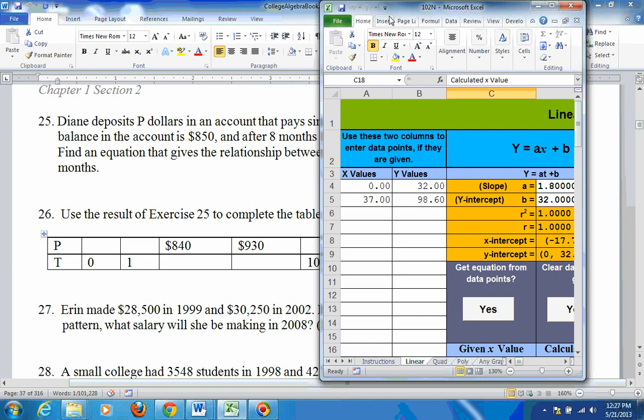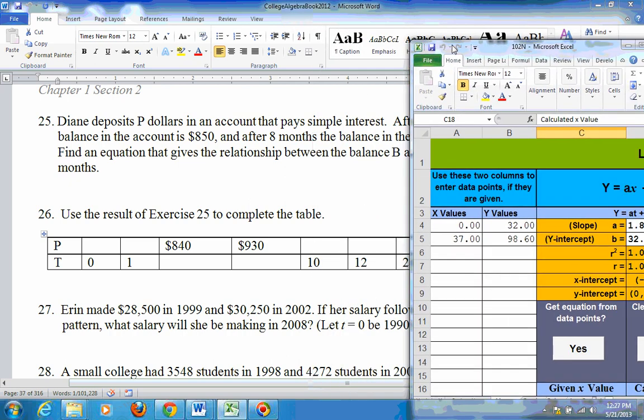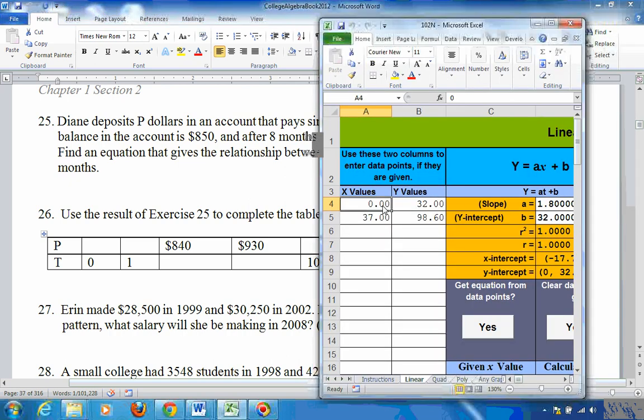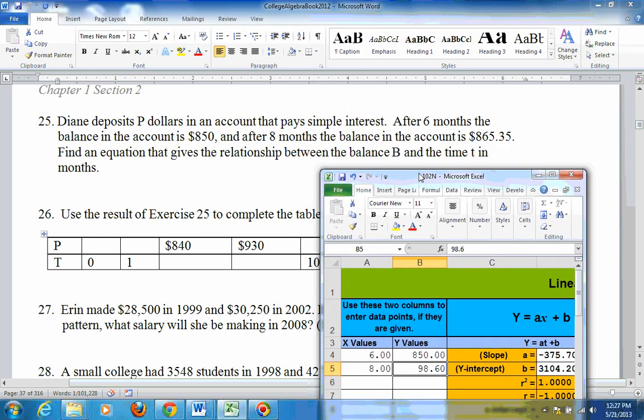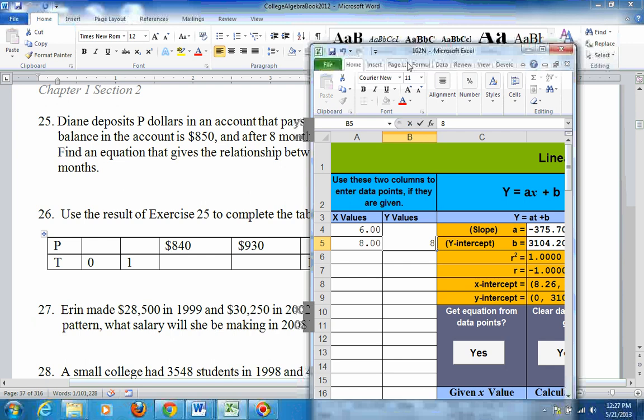So after 6 months, she has $850, and after 8 months, she has however much is said right there, 865.35, and there's your equation over there.